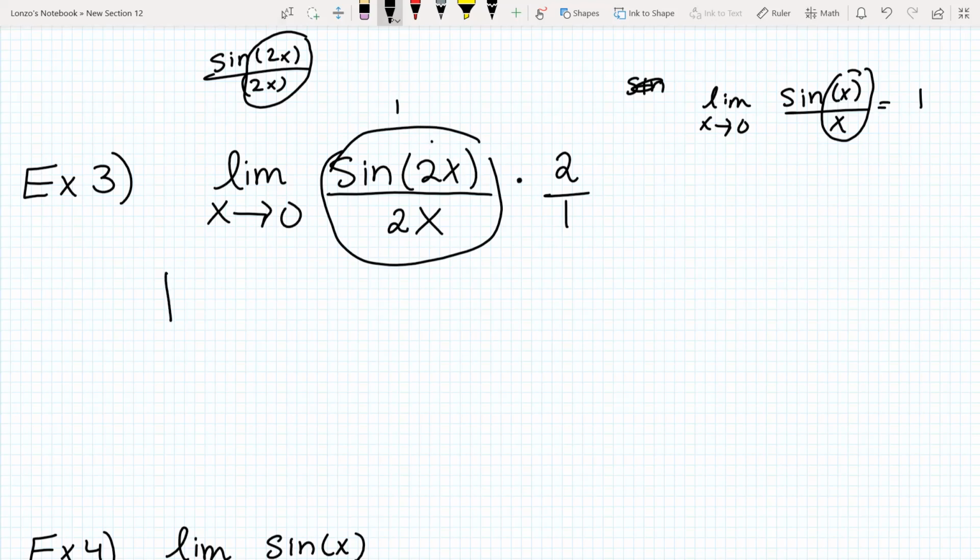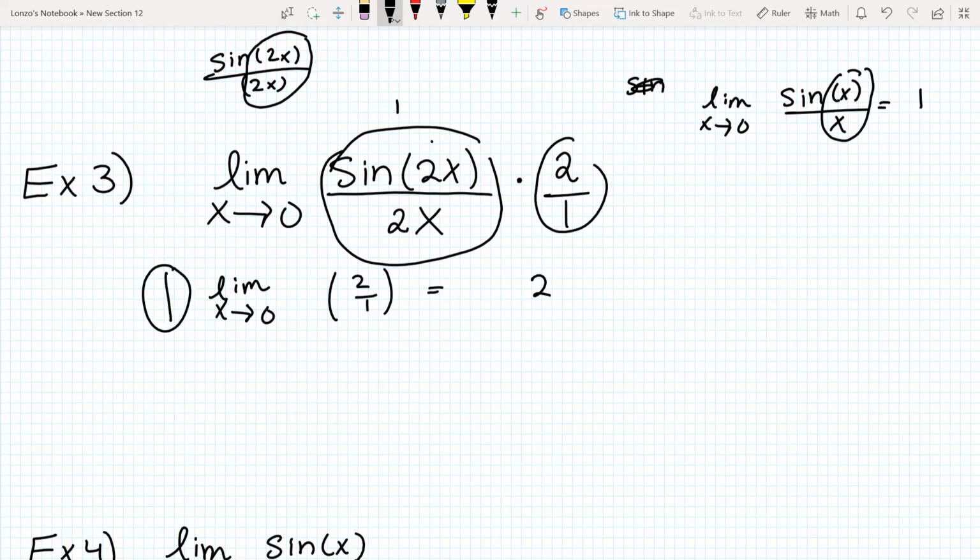So it would be 1 times the limit as x approaches 0, and then you're left with 2 over 1. The limit as x approaches 0 of 2 over 1 is just 2, and then don't forget about this 1 here. So it's 2 times 1, which is 2.